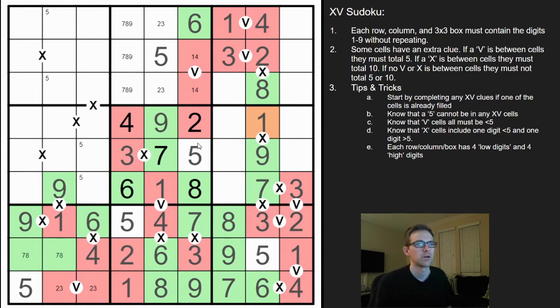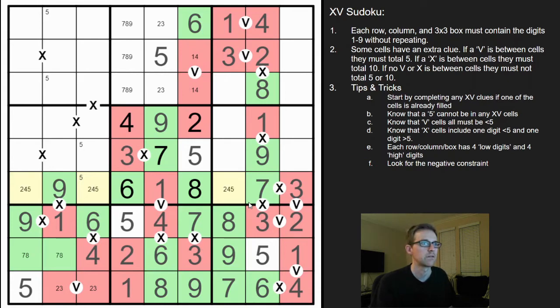So I think we can use another strategy that I haven't really talked about much yet, which is the negative constraint. If we look at these three, I'm missing a 2, 4, and a 5.